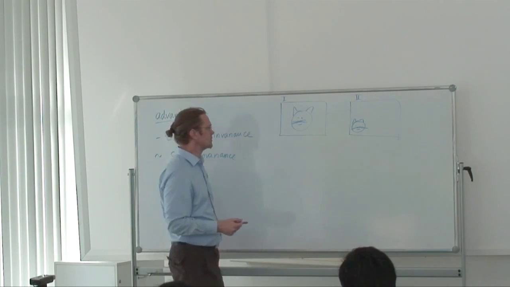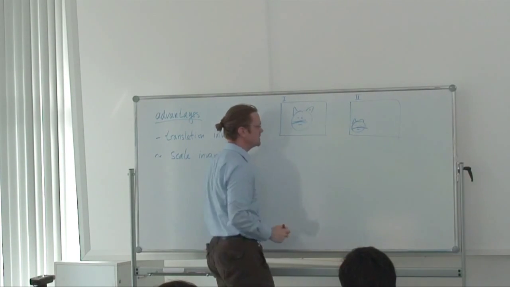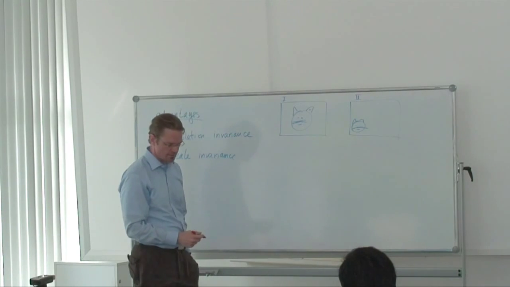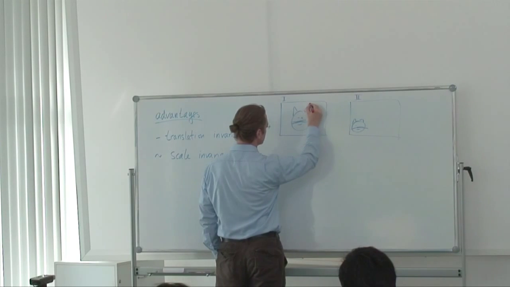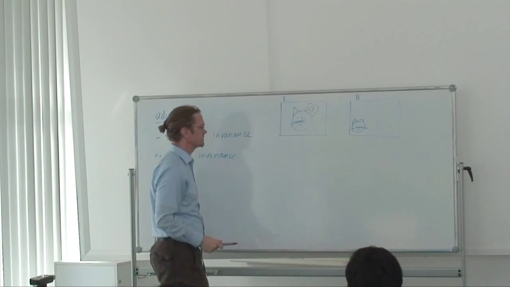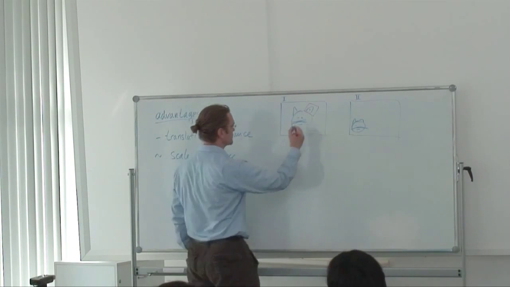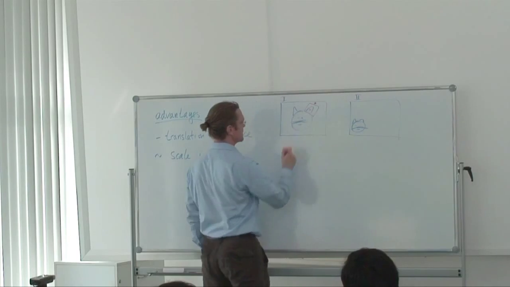So if all goes well, we get a key point here. And that key point has a certain scale, which I will indicate by a box. It should have actually been centered about that key point. And it has an orientation, which I indicate by this arrow.